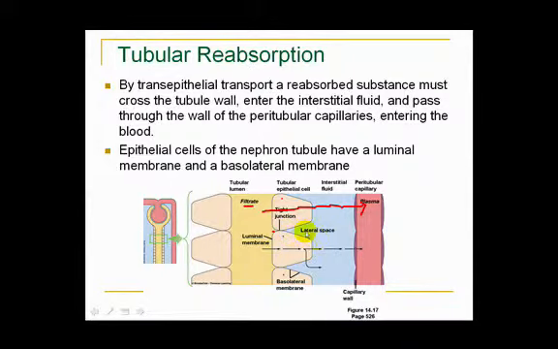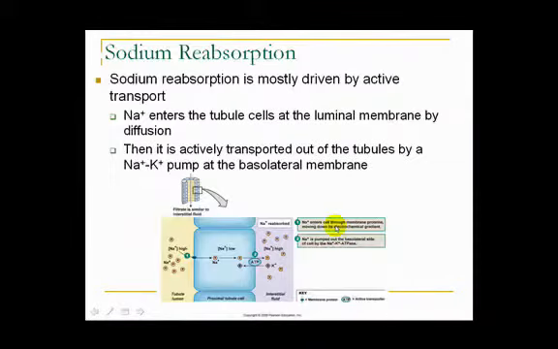And then this is called the lateral space or basolateral membrane, which is on the basement membrane side where the interstitial fluid is. So let's look at sodium reabsorption first, because sodium reabsorption drives most of the reabsorption in the kidneys, and it's mostly through active transport.